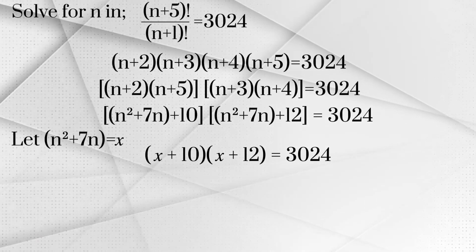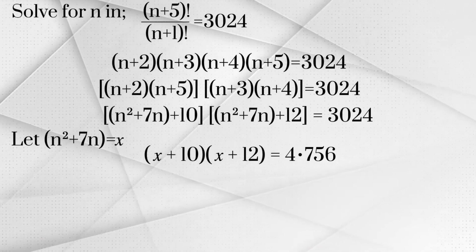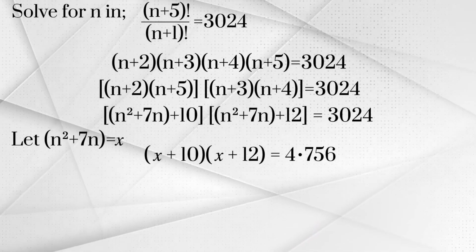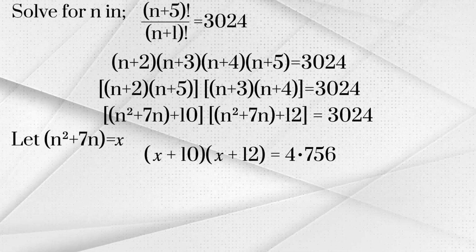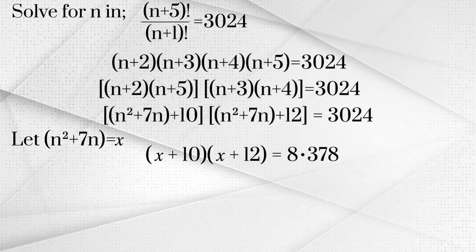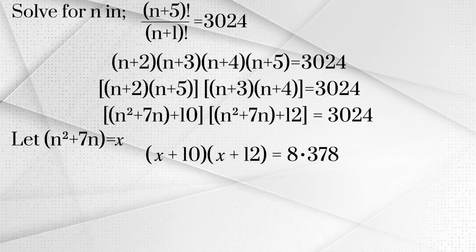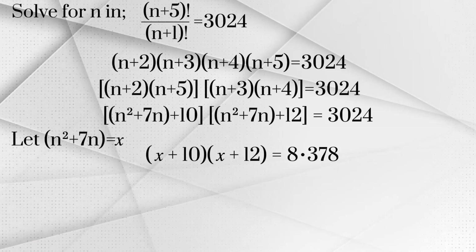4 can be a factor to give 756 times 4. We'll divide 756 by 2 but multiply 4 by 2 to keep the product the same, and also bring the difference closer to 2. This results in 378 times 8. Now, you may not see straight away, but 378 is divisible by 7, so we can divide by 7 and multiply by 7.